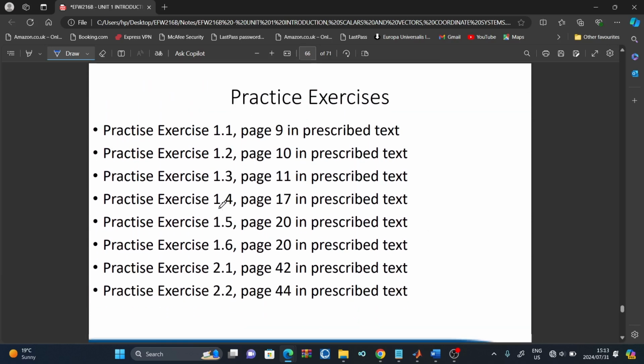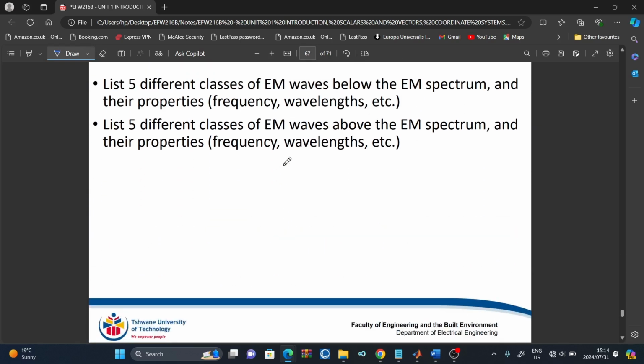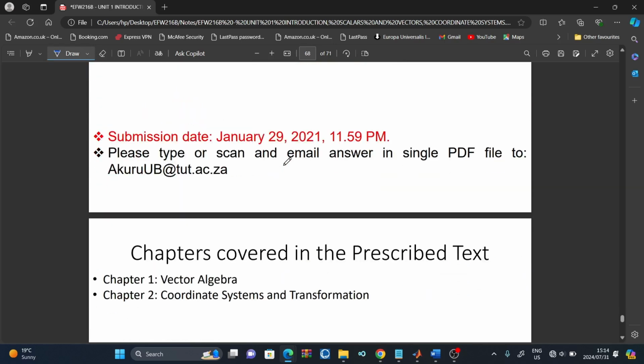There are exercises in the textbook, and I did give you the notes in the textbook so that this shouldn't be a problem. You can go through it. Then that's homework you can read through, and we are done.